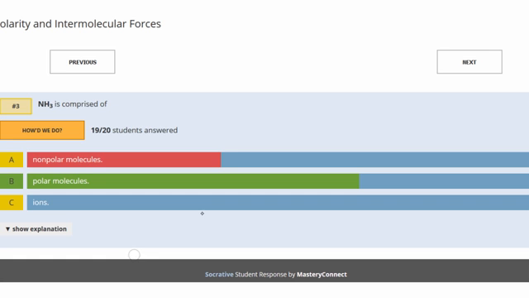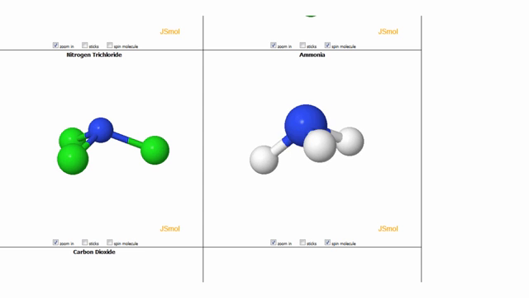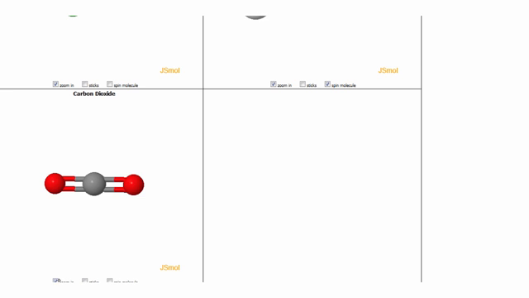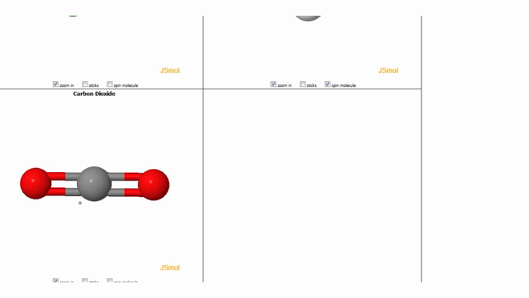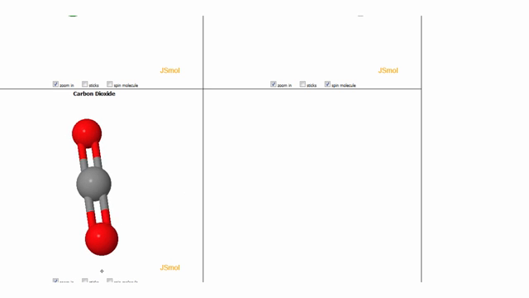Let's try another one. Next up, we have carbon dioxide. If you want to know the structure of a carbon dioxide molecule, here's what that looks like. Notice now that this is a linear molecule.